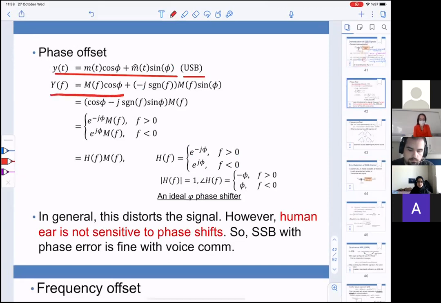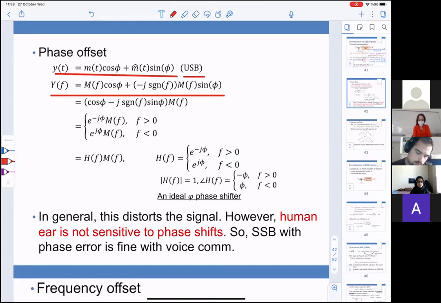Y of f is M of f cosine phi minus j signum of f, M of f sine phi. What is the j signum coming from? It's coming from the Hilbert transform. Now collect the terms together.